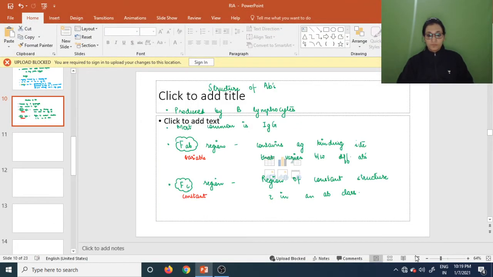So now coming to the actual topic, radioimmunoassay.